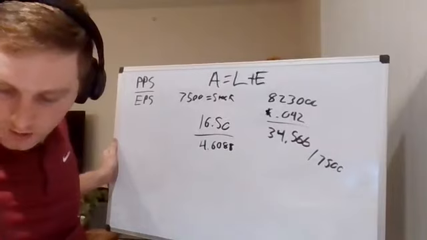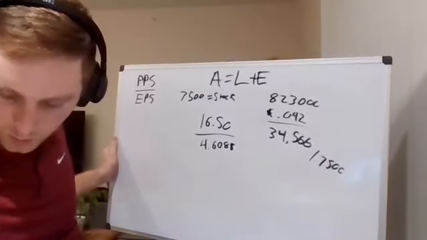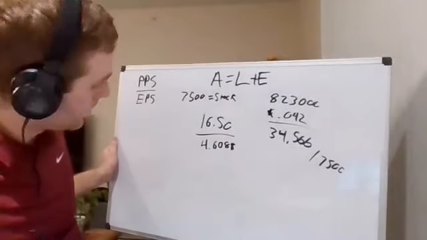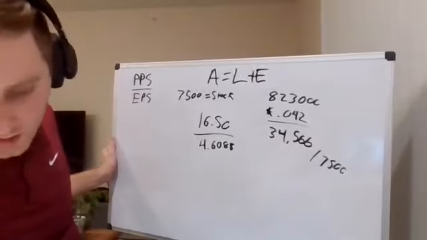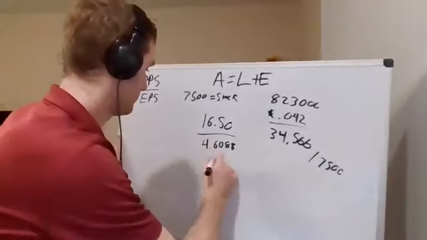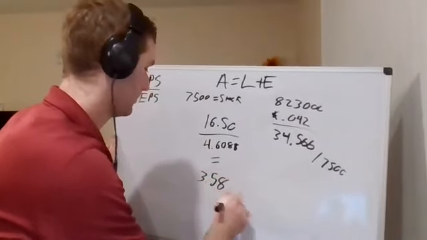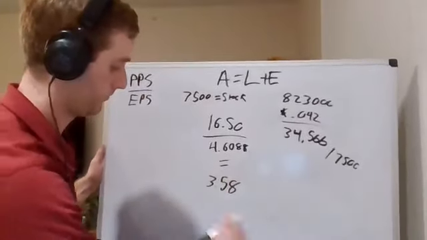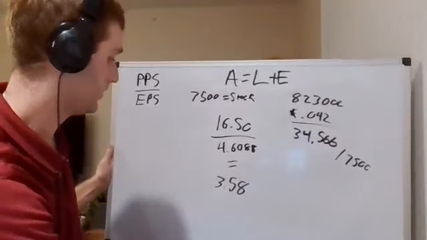We'll do 16.5 divided by 4.6088, which equals 3.5801, or 3.58. That's our price to earnings ratio.